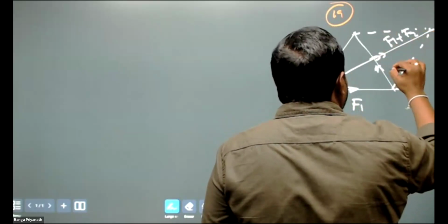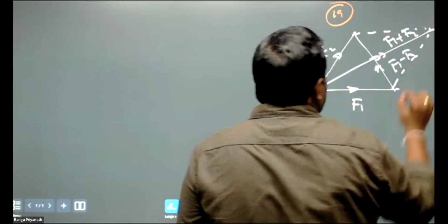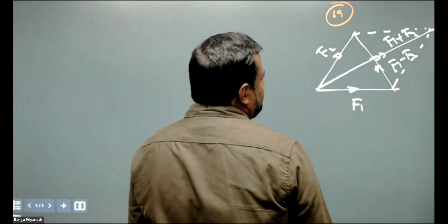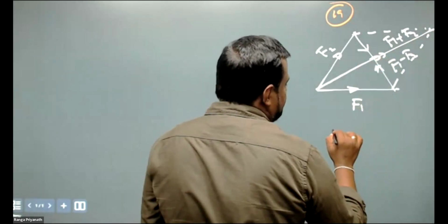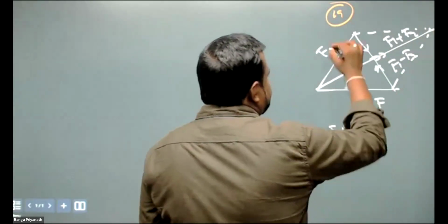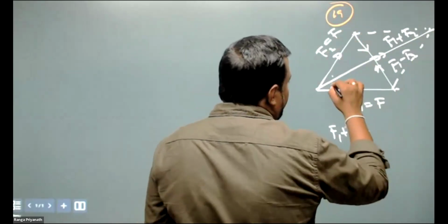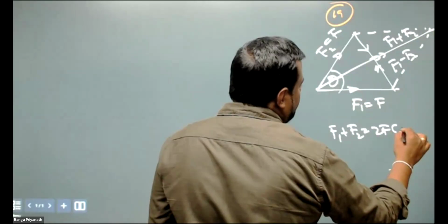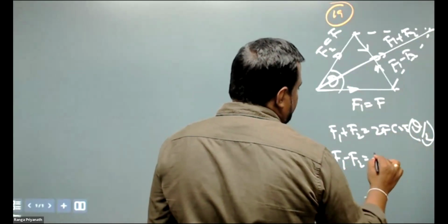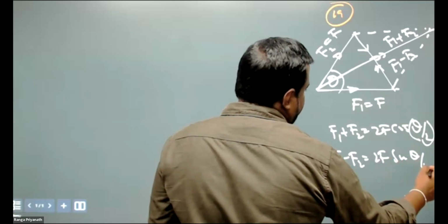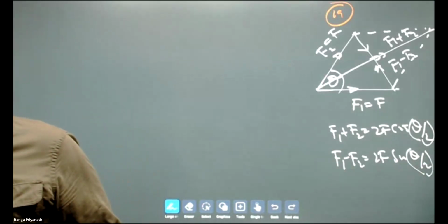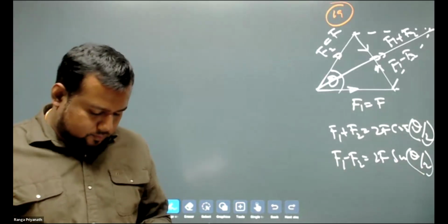The difference is F1 minus F2. They want you to calculate F1 minus F2. F1 plus F2 equals 2F cos theta divided by 2, as they are of equal magnitude. F1 minus F2 equals 2F sine theta divided by 2.